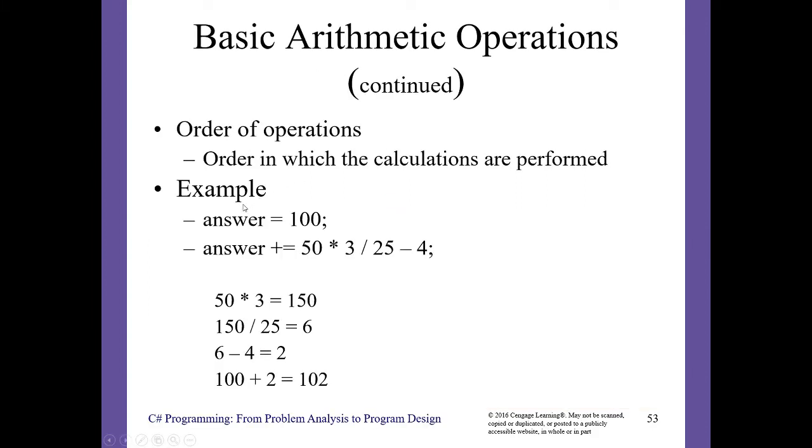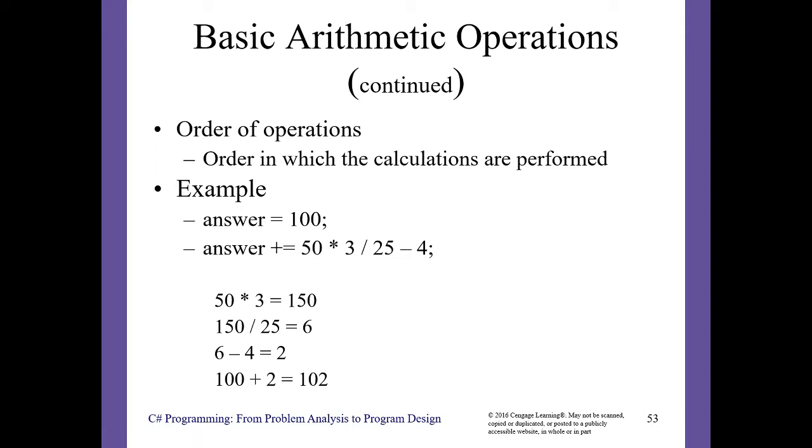So here we start out with a variable named answer. We give it an initial value of 100. Then we execute the line of code answer plus equals 50 times this calculation. Now this calculation we have to do order of operations to decide how things are going to occur. First we're going to multiply 50 by 3, right? So that's going to give us 150.